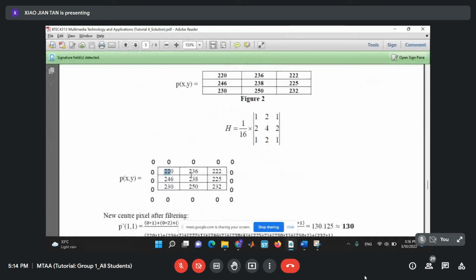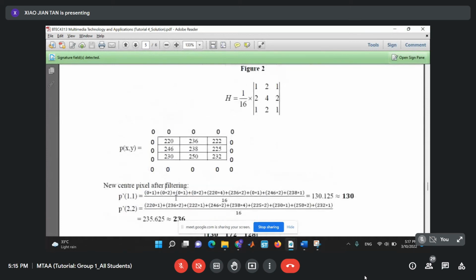For (1,1), these 9 blocks are involved: 0 multiplied by 1, plus 0 multiplied by 2, plus 0 multiplied by 1, 0 multiplied by 2, and 220 multiplied by 4, and 238 multiplied by 2, and continue like this. Later on divide by 16. You will get this value and round it off to become this value.